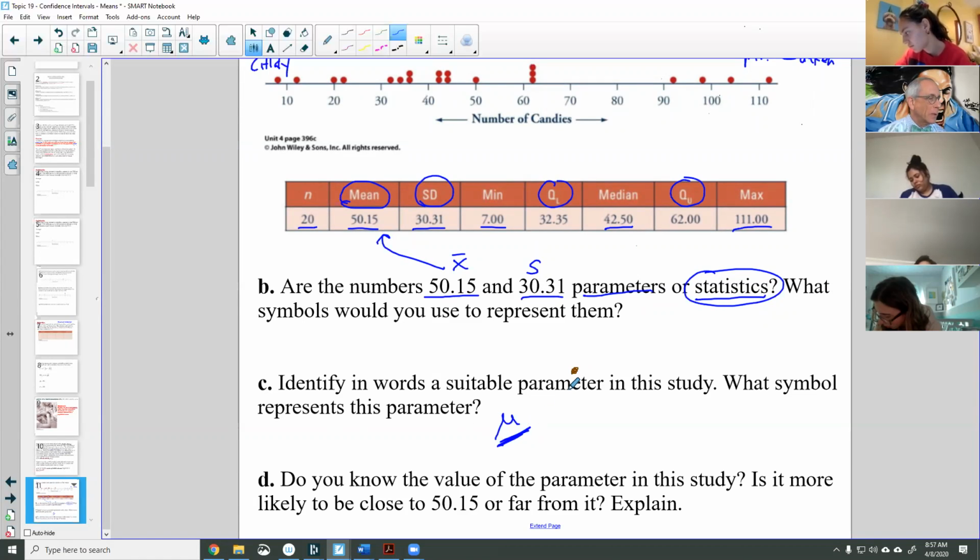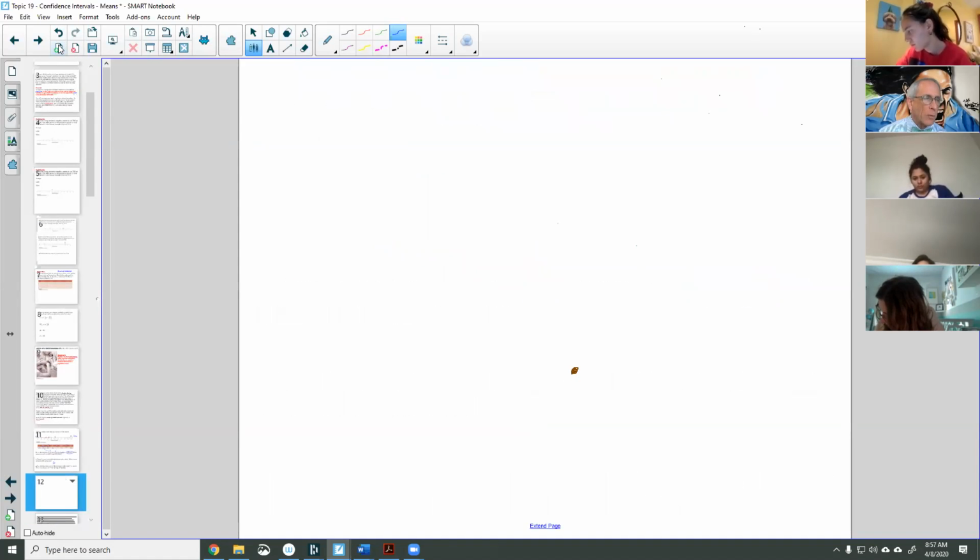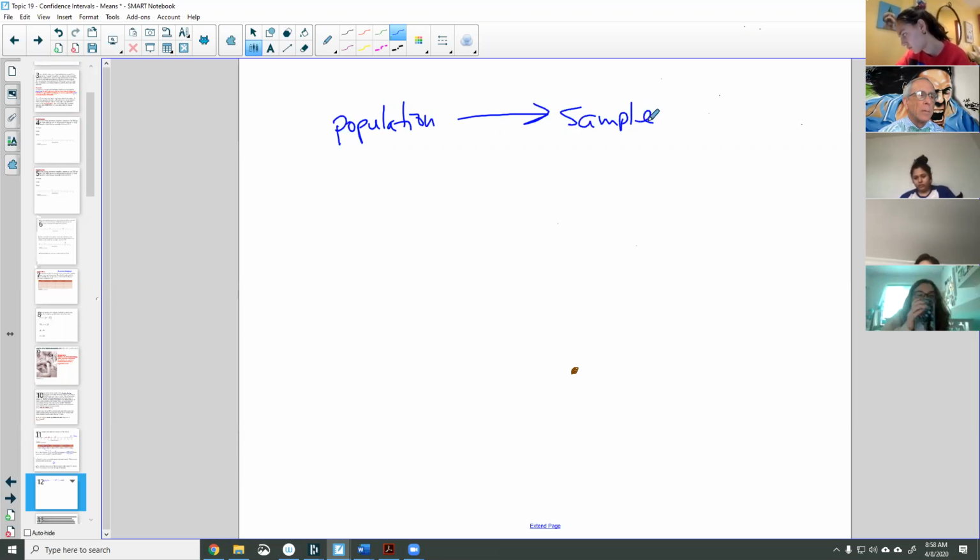So I'm going to make a little diagram here. I had it written down for later, but I'm going to put it right here now. So we start with a population, and from the population we take a sample. What we use for the sample is n, that's our sample size.